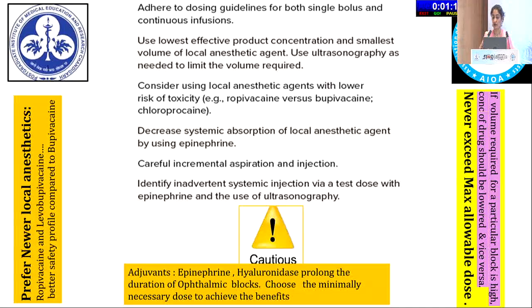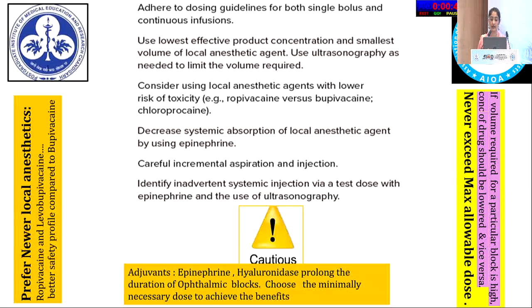Some other measures you need to take whenever you're giving local anesthetics: you have to adhere to the dosing guidelines, even if you're using a single bolus or a continuous infusion. You should use the lowest effective concentration. You should use the smallest volume of local anesthetic, and we have just seen in the previous slide how ultrasound can be used. You should use ropivacaine instead of bupivacaine because the toxicity profile is less.